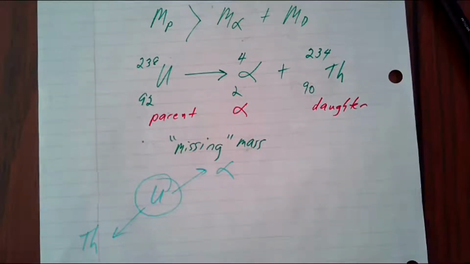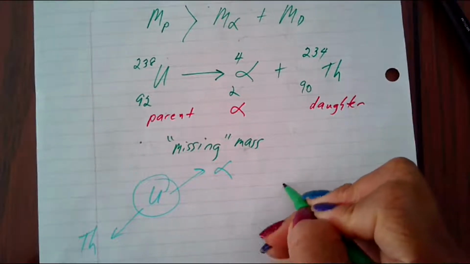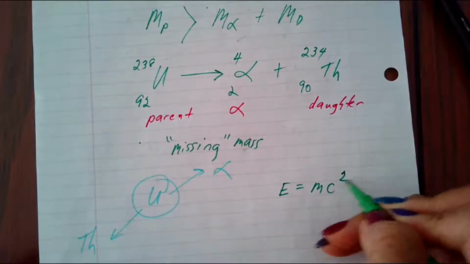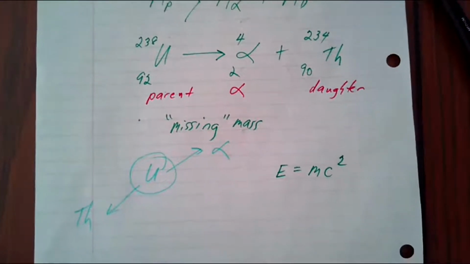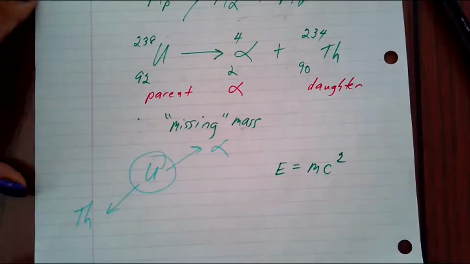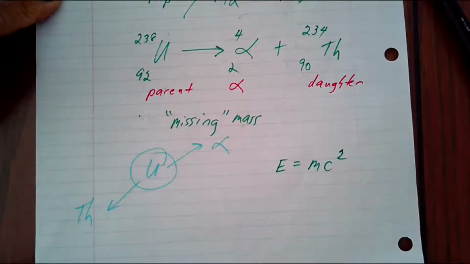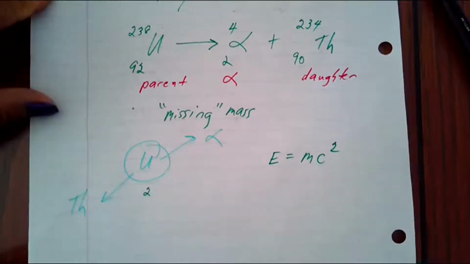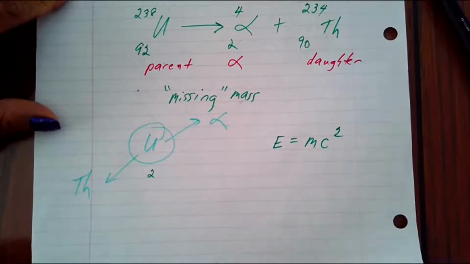So let's take a look at the missing mass. The missing mass can be calculated using Einstein's E equals mc squared. The masses you could actually look up. I'm just going to write down the masses here for the sake of our concept.